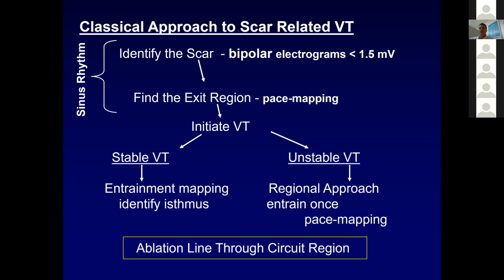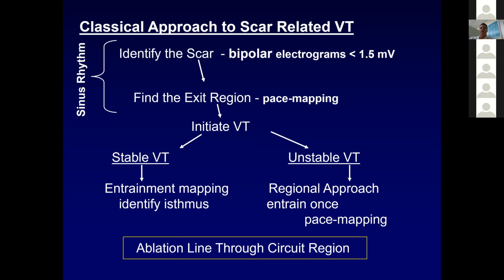We would then proceed with pace mapping, initiate VT in the area of interest with the catheters positioned strategically in the area of interest, entrain briefly if we could, map if we could, if they were stable, but that's rare. Only about 20% of VTs are mappable. Most of them fall on the right side of that column, the unstable VTs.